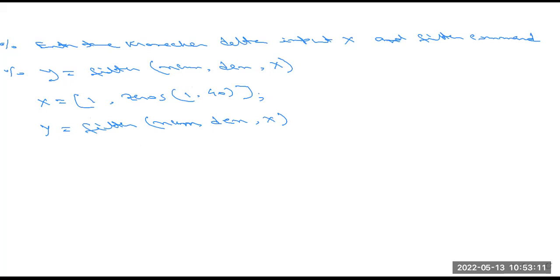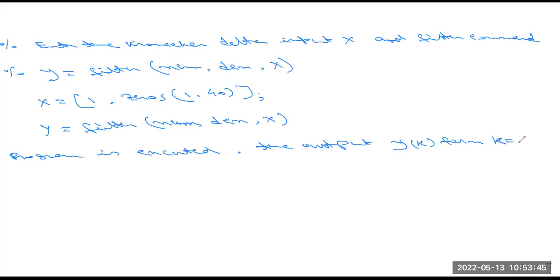Now you have to execute and get the result for y of k. K's range is 0 to 40. So when this program is executed, the output that is y of k, 40 values are coming, because the range is k is 0 to 40.